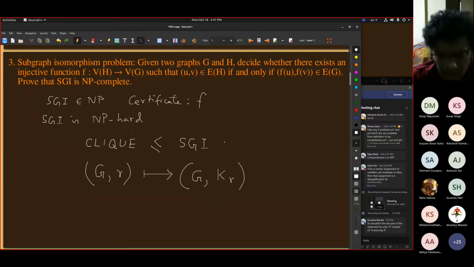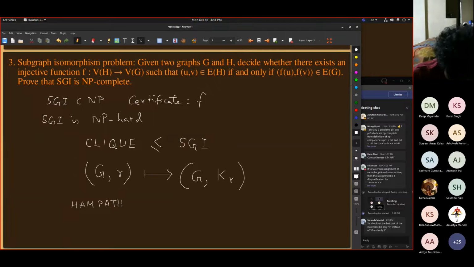So you can use any other particular kind of graph like Hamiltonian, okay, Ham path, Ham cycle, and you just prepare a Ham path or Ham cycle here. So you're essentially asking the question whether G contains a Hamiltonian cycle or a Hamiltonian path. Okay, so Ham path, and if needed, the directed version, Ham cycle, these will all work.